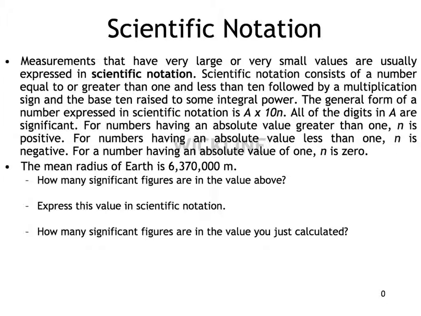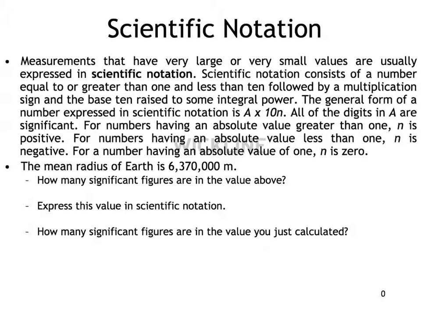So a lot of you guys already know how to do scientific notation, which is amazing for me. But let's do it as a general idea. Scientific notation are numbers that follow this format. This value A is some number that is larger than 1 but less than 10.